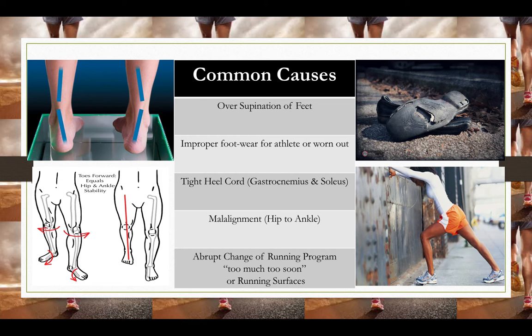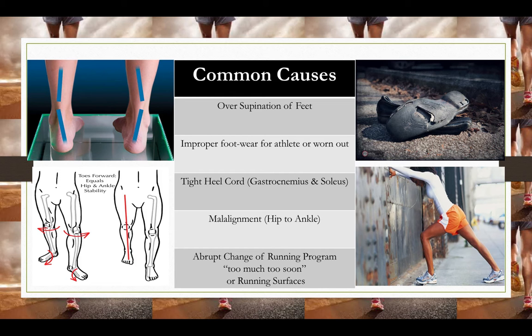So some of the common causes that we typically see with shin splints are oversupination of the feet. It is also common in overpronation as well, but studies have mainly shown that oversupination is more common. We also see that improper footwear for the athlete, or the shoes just generally being worn out, is a big cause as well.